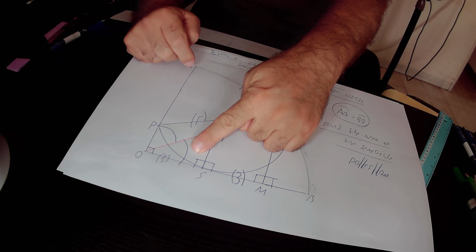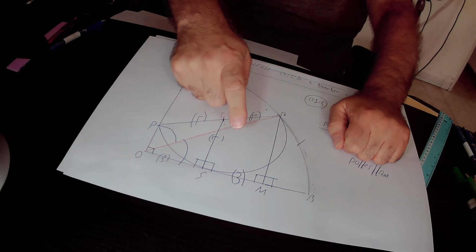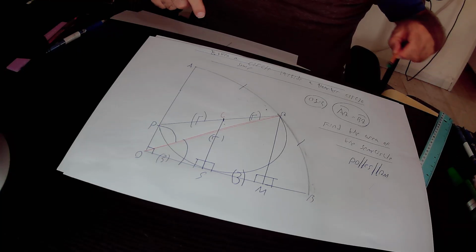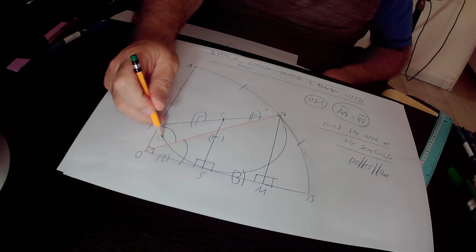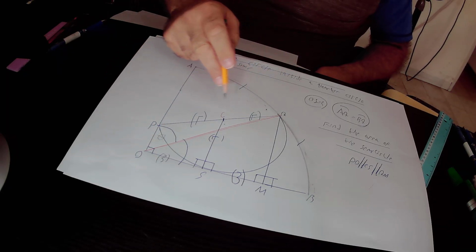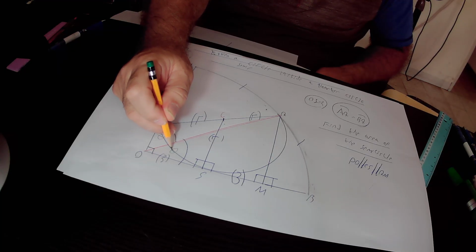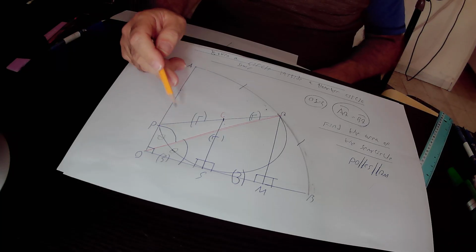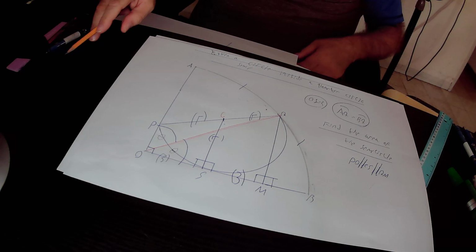That is to say, angle AOQ equals angle QOB in its size. So if we define the size of angle AOQ as theta, then the size of angle QOB must also equal theta because they subtend equal arcs. Theta plus theta is 90 degrees, so the angle AOB equals 90 degrees. So 2 theta equals 90 degrees.